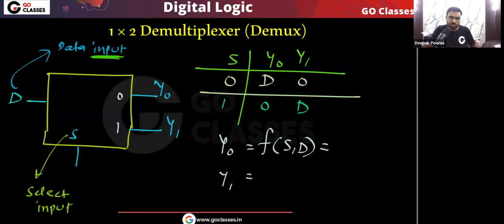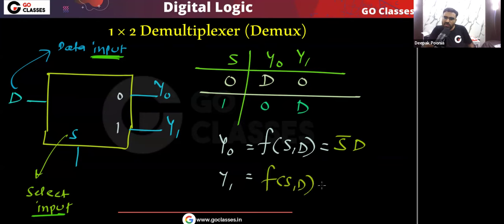So the output y0 is a function of s comma d. Here y0 is d when s is 0, meaning s bar d. And what about y1? This is also a function of s comma d. y1 is d when s is equal to 1. Okay, so this is the expression for y0 and y1.